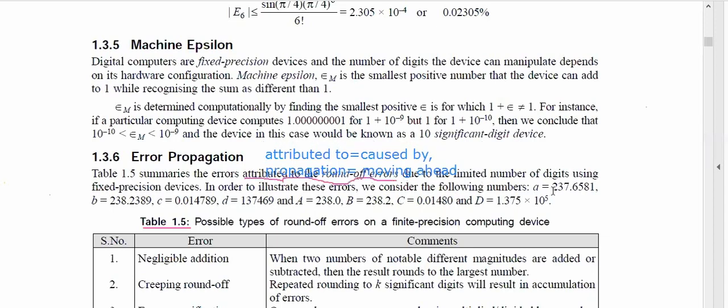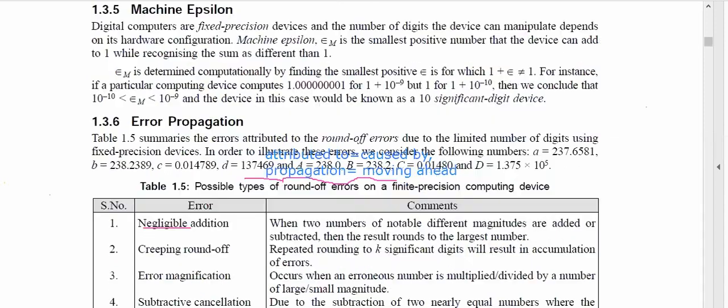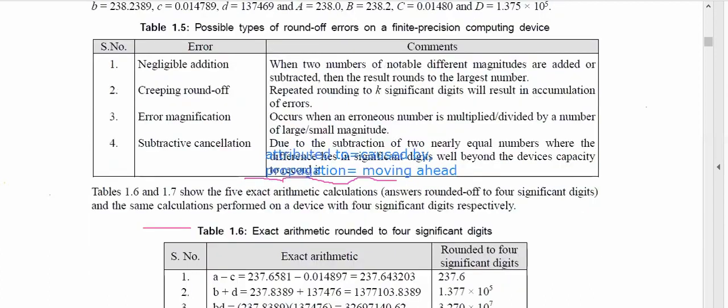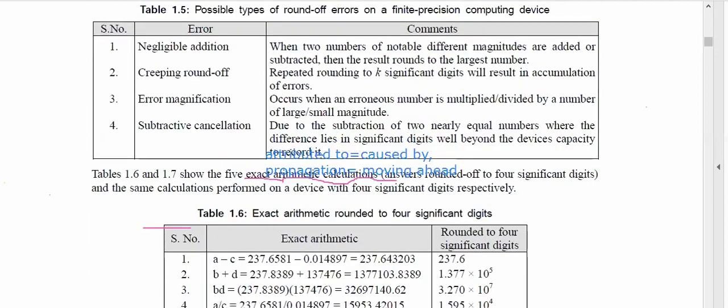Here, digits fixed. In order to illustrate these errors, we consider the following numbers. A is this, B is this, small. D is this. These are A, capital B, capital C, and capital D. Now, possible types of round off errors on a finite precision computing device. These errors are because of the rounding off.